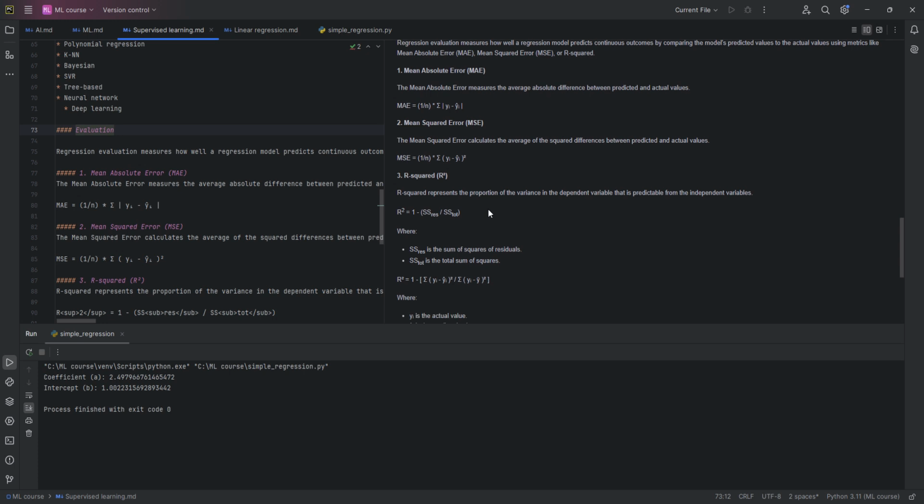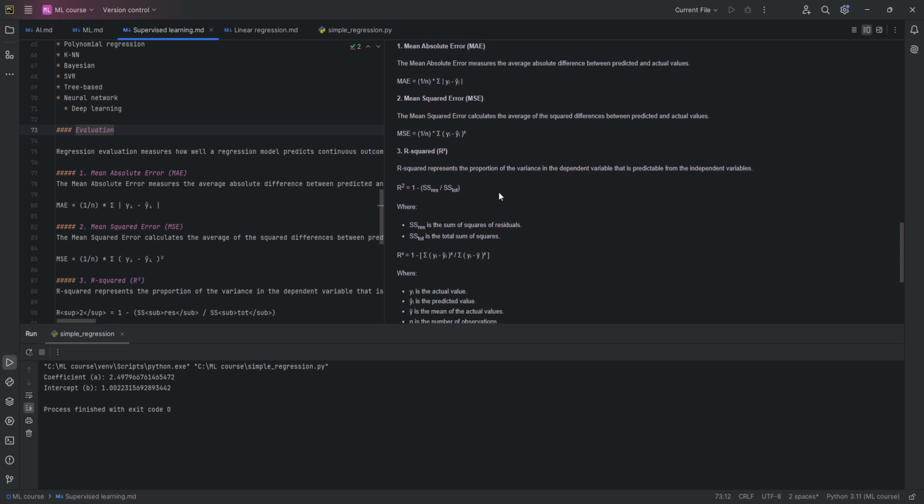And then we have the R square, and the R square basically is telling us how much of the variance of the data is explained by the regression model that we have.